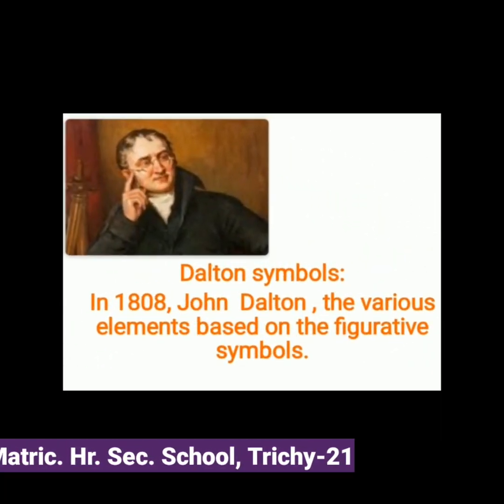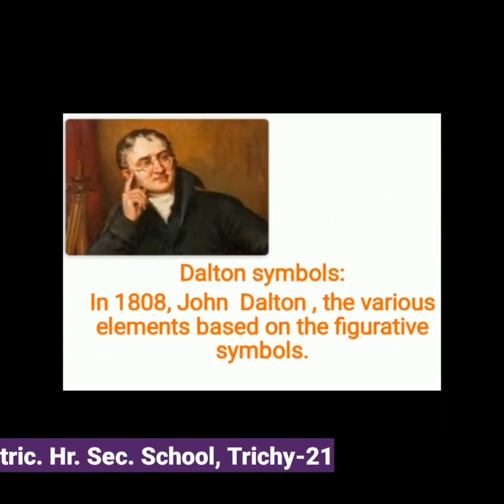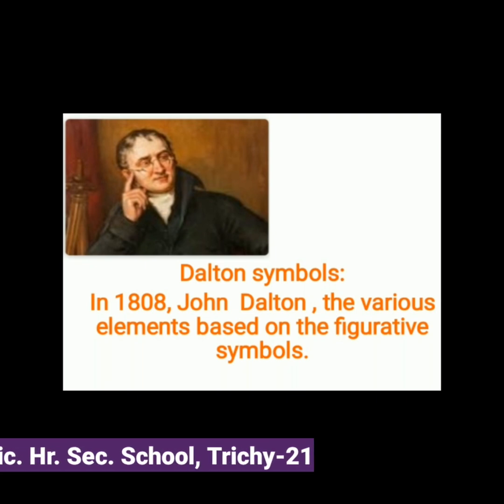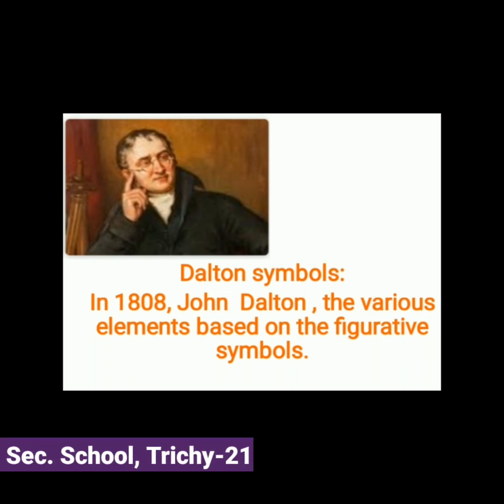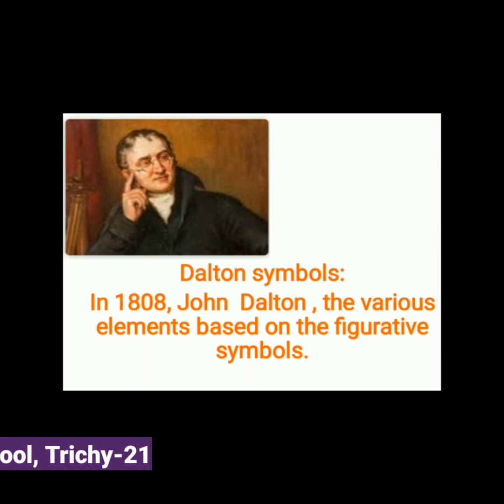In 1808, John Dalton, an English scientist, tried to name the various elements based on these pictorial or figurative symbols. These symbols are difficult to draw and hence they are not used.